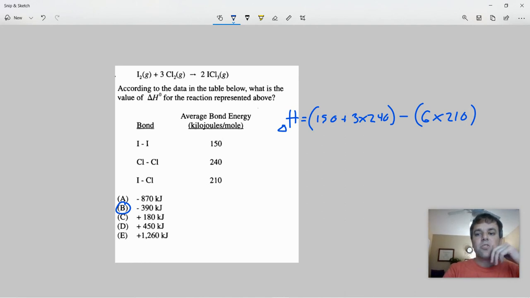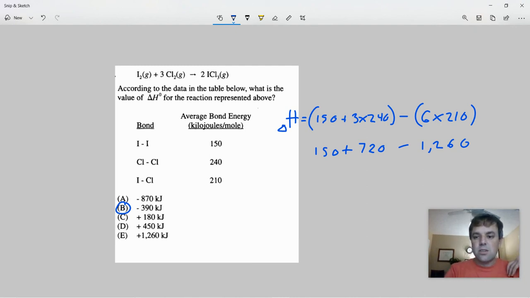Now, the real trick is to see if you could do this without a calculator. So we have 150 plus 720 minus 6 times 210, which is 1,260.